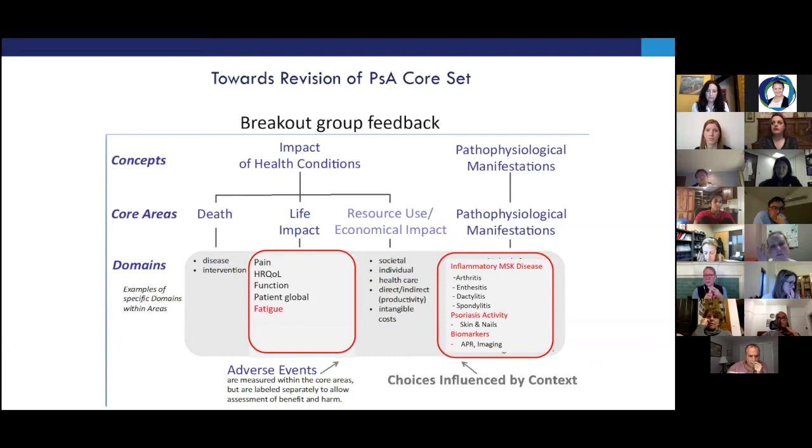Is this reliable? Is there good inter-rater reliability in doing the measurements? Is it physical exam? Is it patient-reported outcomes? Is it imaging? And so all of those things can then follow this core set of domain development. So I'll stop there and Melissa, take over again.